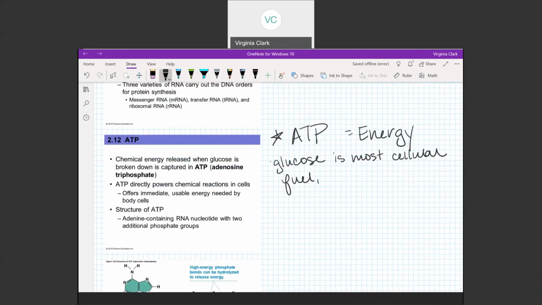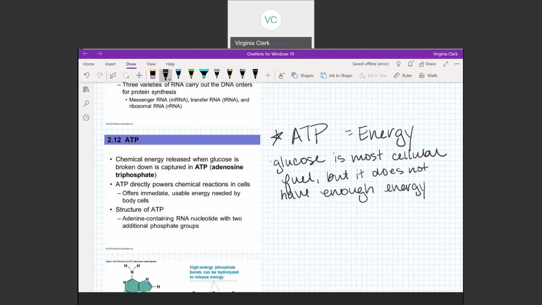But it does not have enough energy. So as you use up glucose, it does not have enough energy to make reactions work in your body at the level they need to.